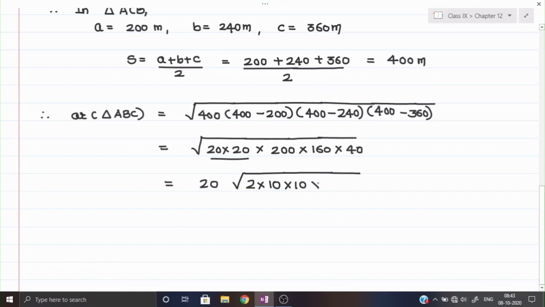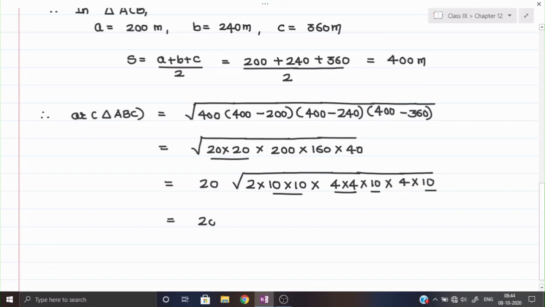Similarly, 160 I am writing as 4 into 4 into 10, and 40 I can write as 4 into 10. So observe what pairs are going to form over here. One pair of 10 is complete, and one more pair of 10 is complete, and one more pair of 4 is complete.